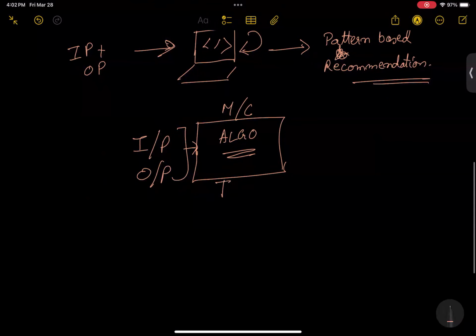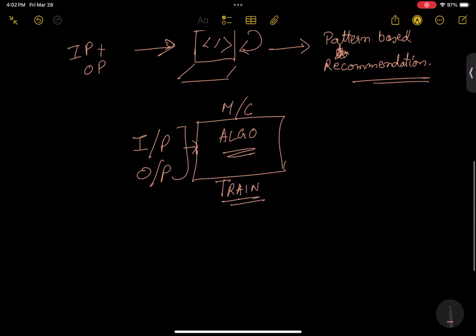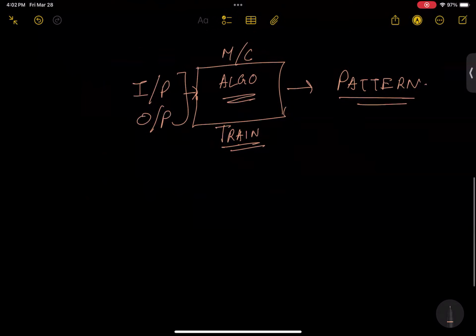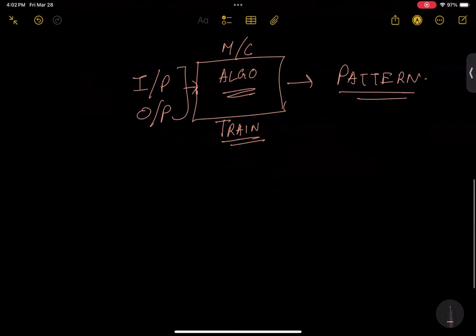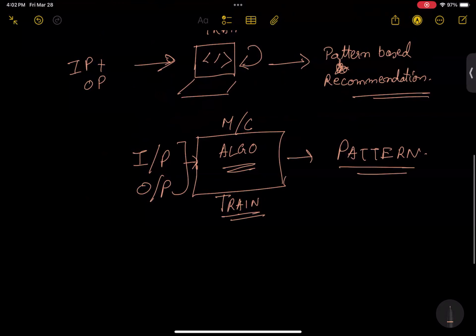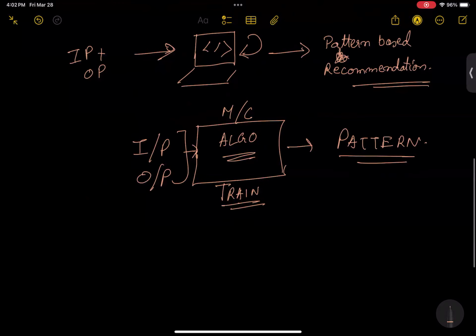This is where it tries to train and come up with some pattern, and with that pattern it can go out and do newer predictions. Actually, this is not recommendation, this will be prediction.